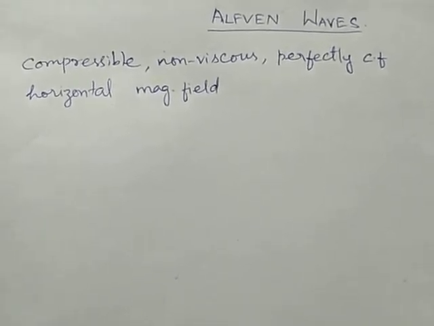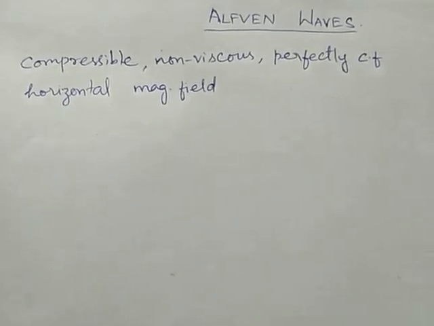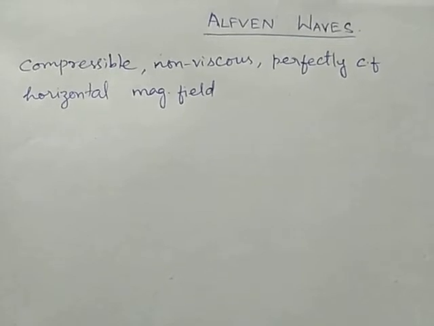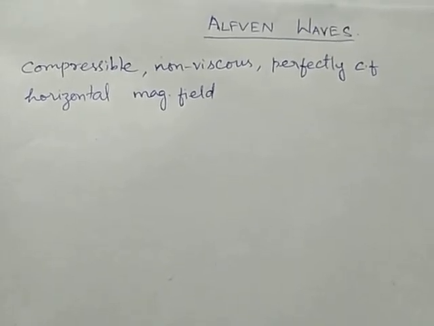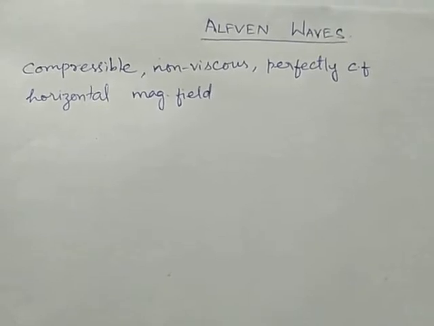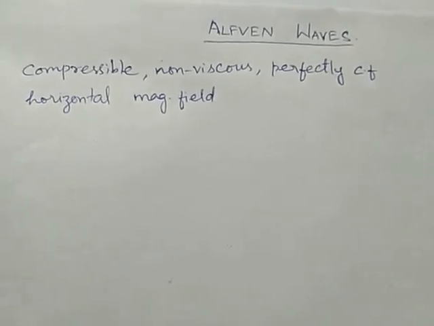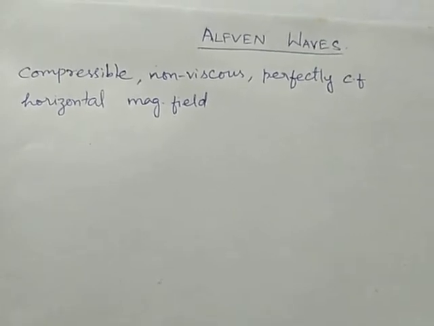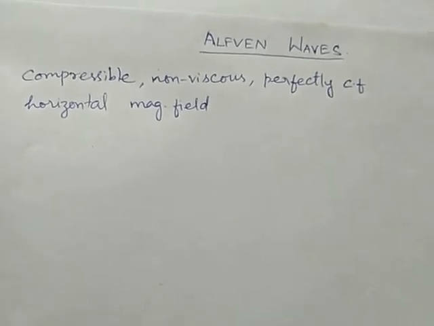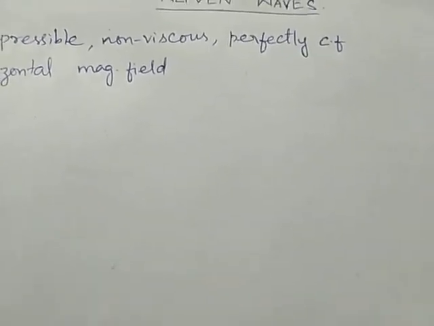Now we are considering a compressible, non-viscous, perfectly electrically conducting fluid occupying an infinite region. In the previous case also we considered an infinite region. Here also we are considering an infinite region in the presence of a uniform horizontal magnetic field and in the absence of body force.